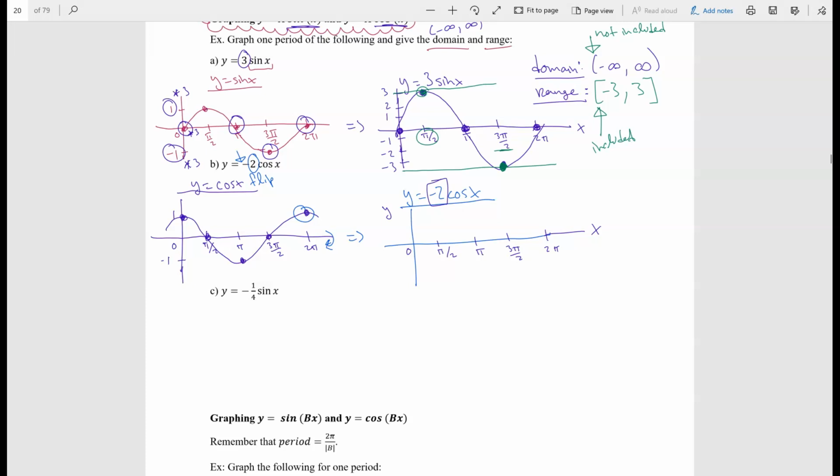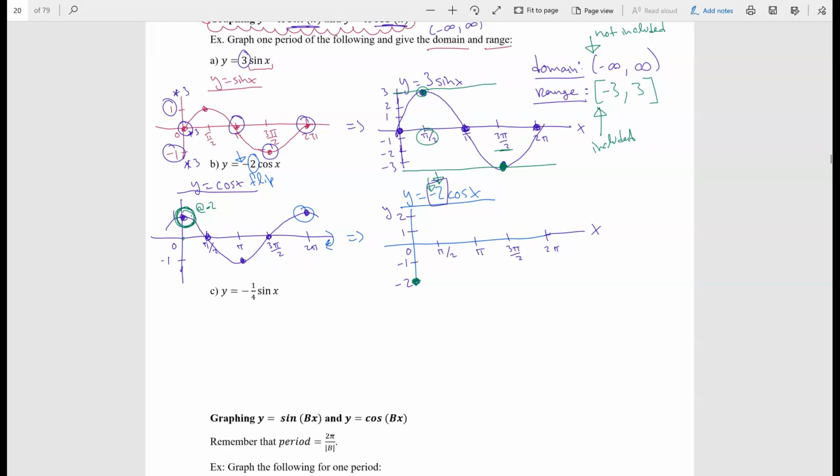So let me write 1, 2, and then negative 1, negative 2. The first number is 1. What am I doing with this 1? The first thing that I'm doing is multiplying it by a factor of 2. So now this guy is going to be at 2. But then when I put a negative, that means this guy's now going to be at negative 2. So at x equals 0, where it was 1, this guy's going to be at negative 2.